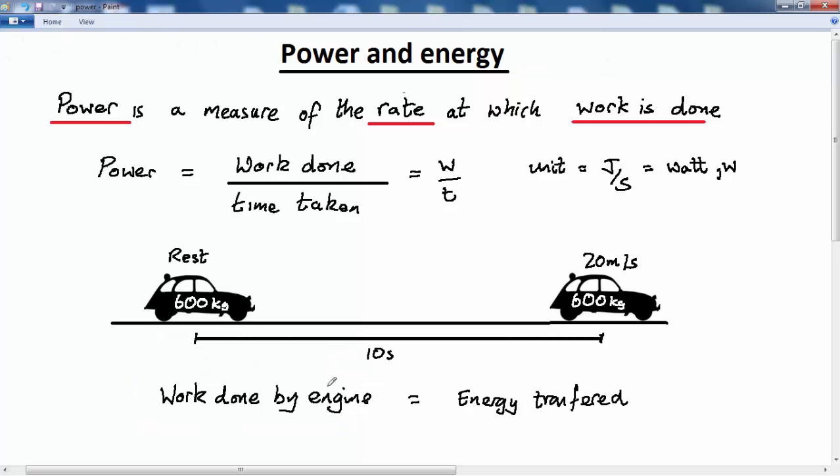During this period of acceleration we want to work out what was the output power of the motor. To do this, we remember that the work done by the engine is equal to the energy transferred, which is equal to the change in kinetic energy, the final kinetic energy minus the initial kinetic energy, which was 0 since the car was at rest. So that's equal to the kinetic energy of the car. Its kinetic energy is a half mv squared, which is equal to a half times 600 times 20 squared, which comes out as 120,000 joules.